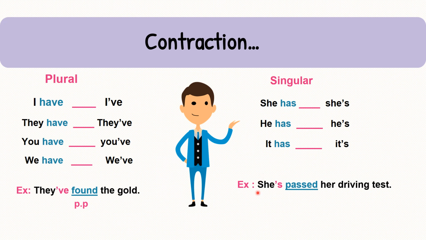So what is the difference between she is passing or she's passed؟ إذن نلاحظ بما أنه يجي بعدها past participle تصريف ثالث للفعل، إذن هي she has وليست she is. كل جملة تحتوي على فاعل واختصاره she's, he's, it's وبعده past participle، إذن هذا الاختصار هو has وليس is.